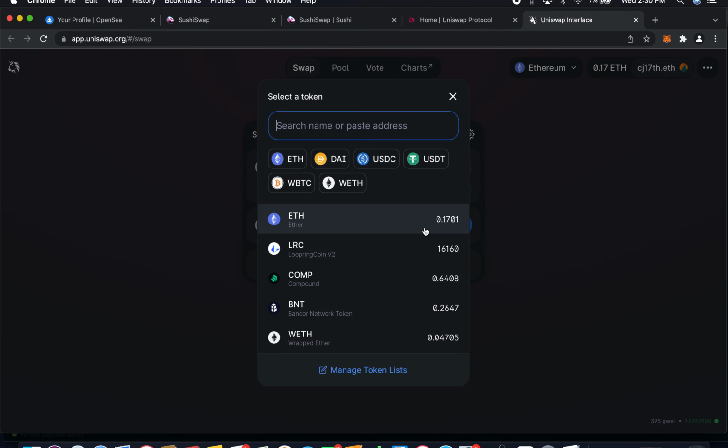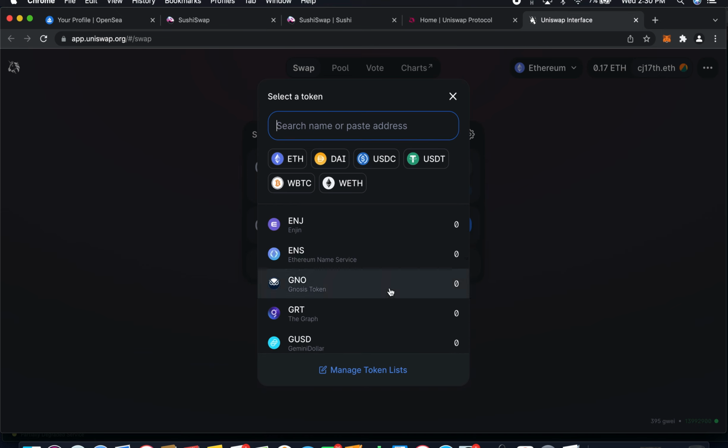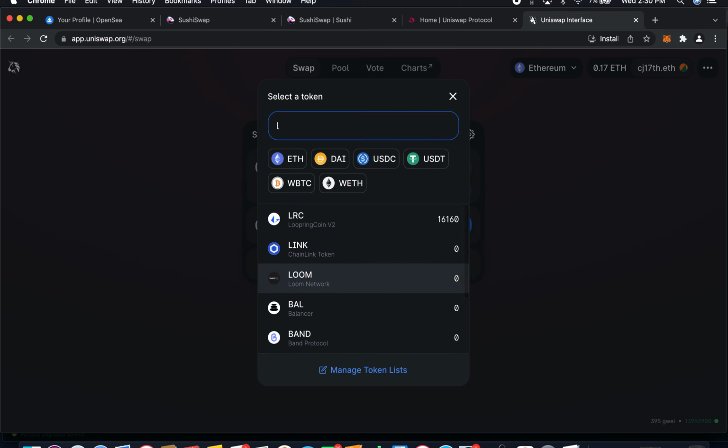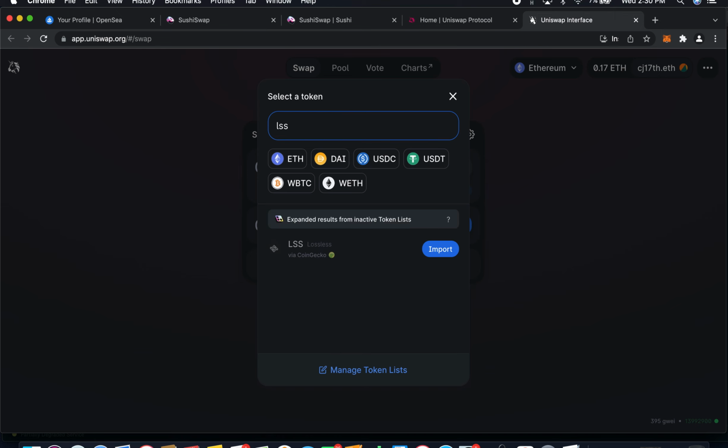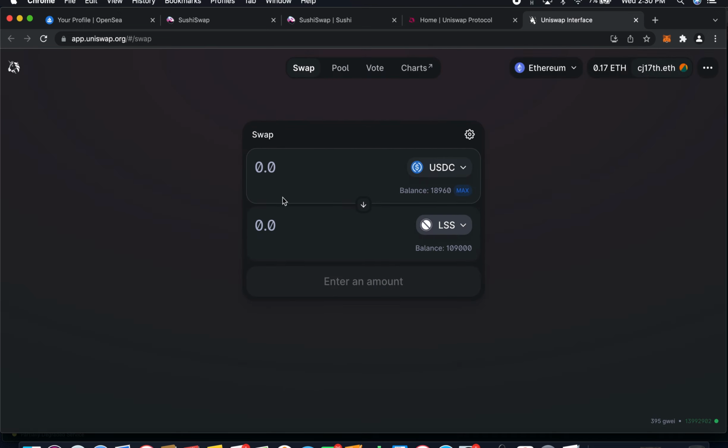So select my token, and then I can search. Cool. So this is how much Lossless I have already.